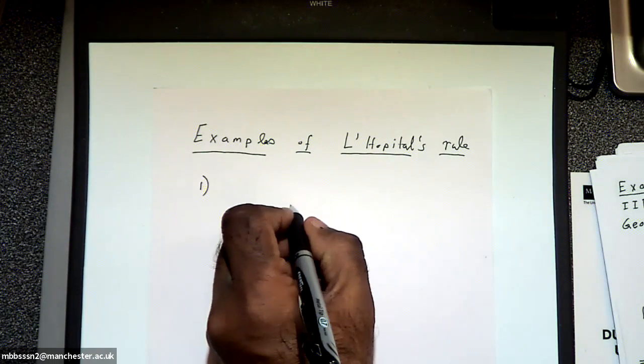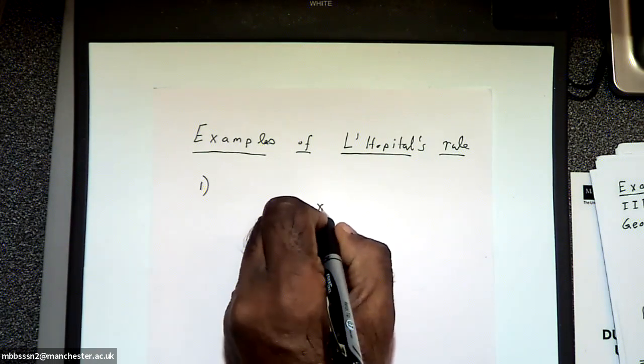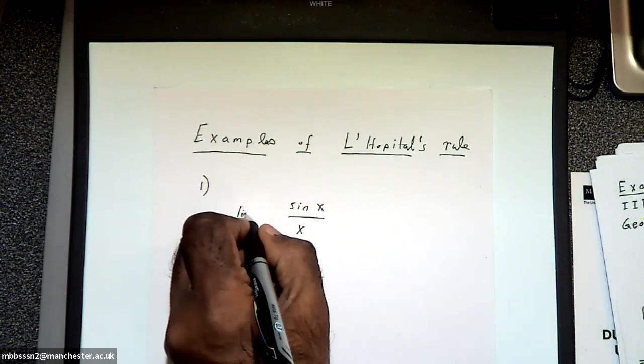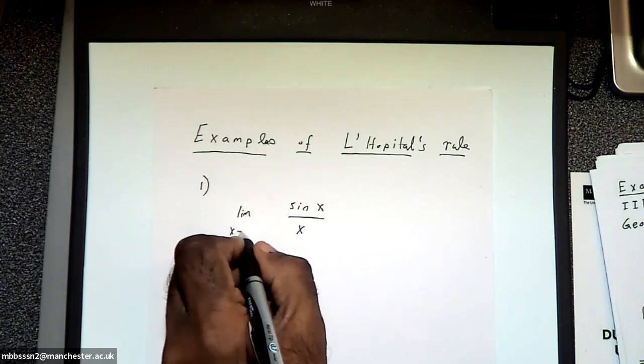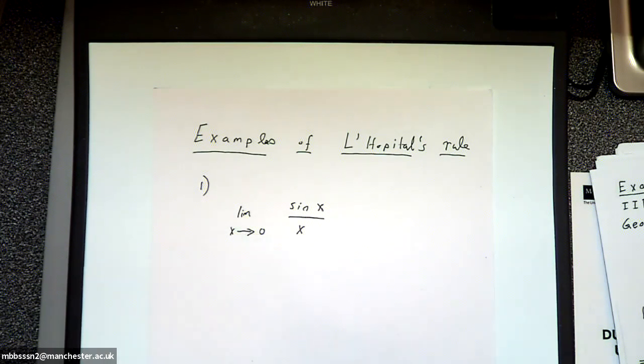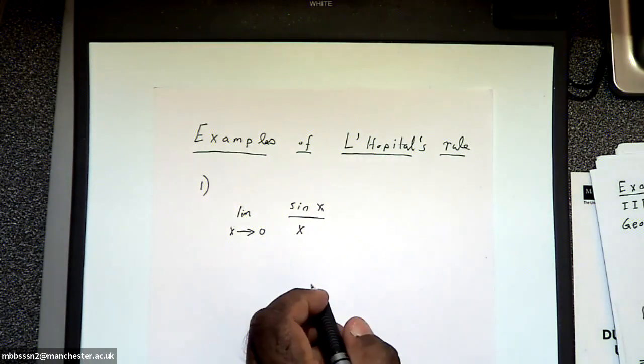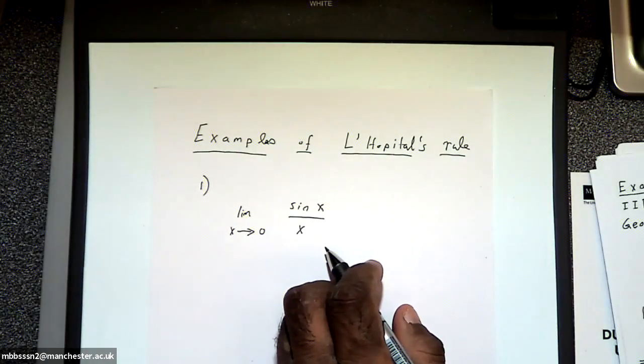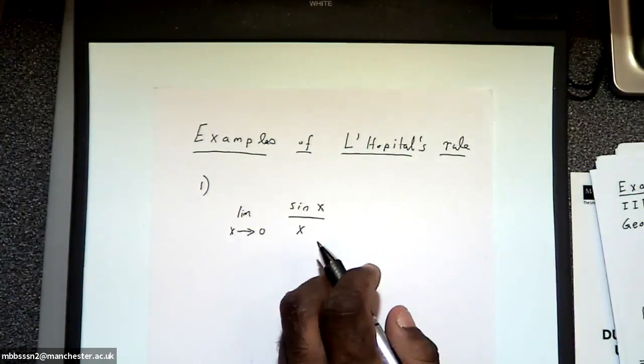Suppose you have sine of x divided by x, taking the limit as x goes to 0. Now, you know that sine of 0 is 0. And so you have 0 divided by 0, which is a case where you can use L'Hopital's Rule.